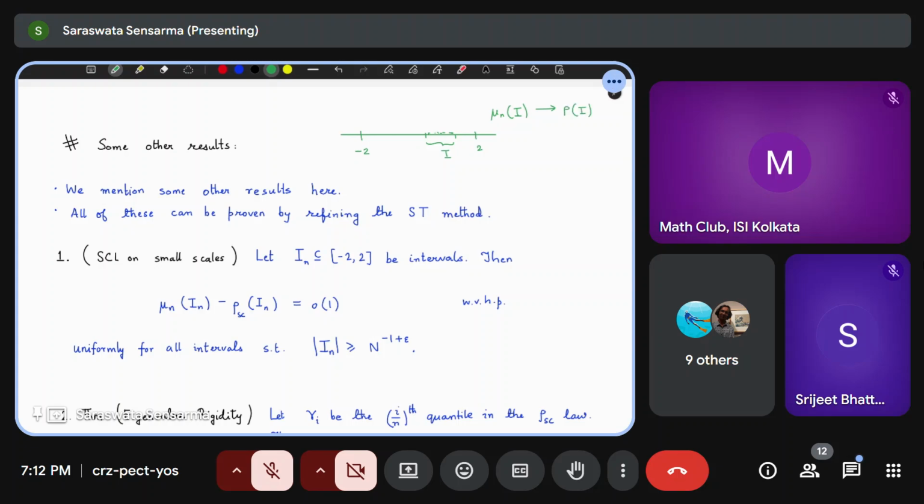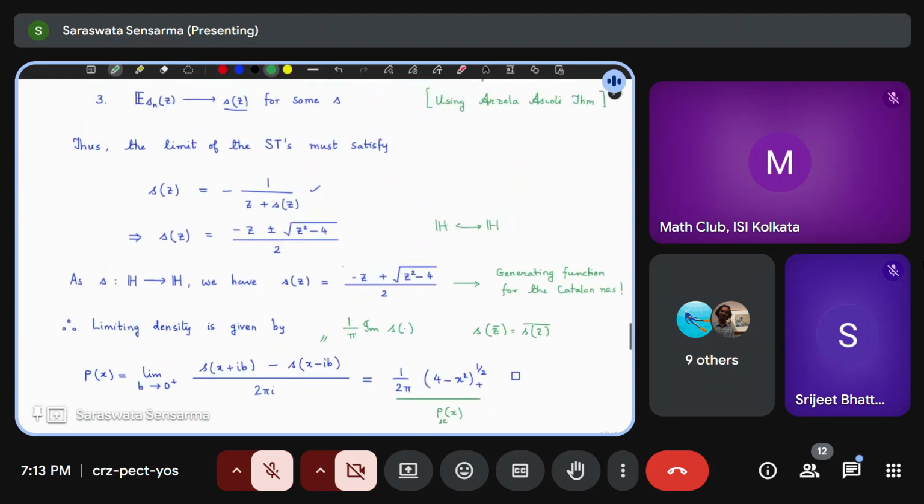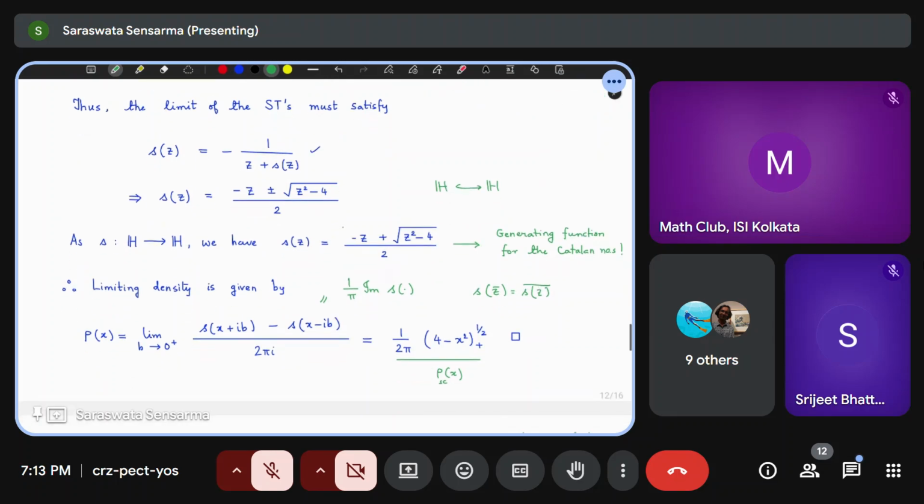However, what if there are only of the order of n eigenvalues here, because the typical gap is of the order of 1 over n? Can we say something more precise about a smaller number of eigenvalues? That would require us to shrink the gap I, to shrink the interval. And yes, we can. As it turns out, the techniques I described in the second proof, the Stieltjes transform method, are a lot more suited to really understanding the fine structure of this point process.